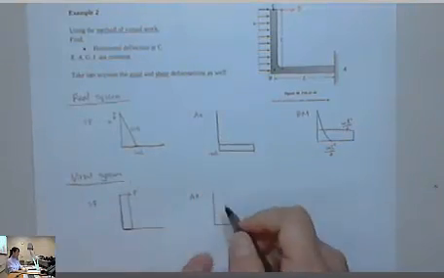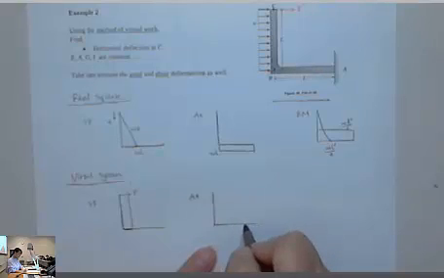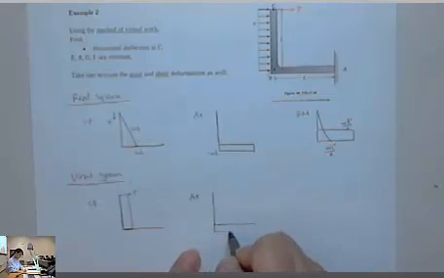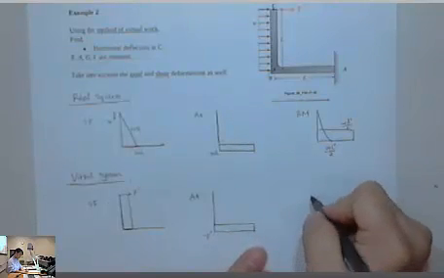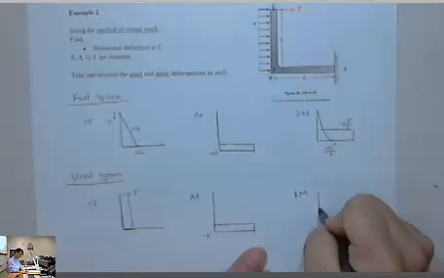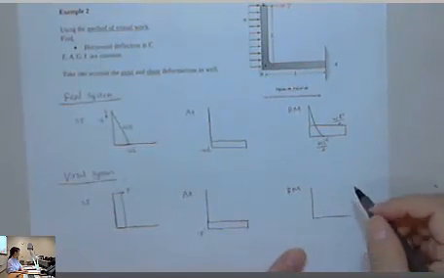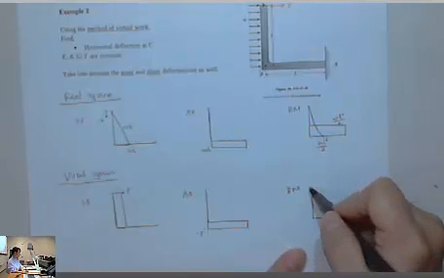And similarly for axial force, 0 in this member. And in this member? Yeah, that's right. Again, it's negative because it's compression. Negative P prime. And bending moment in this member.